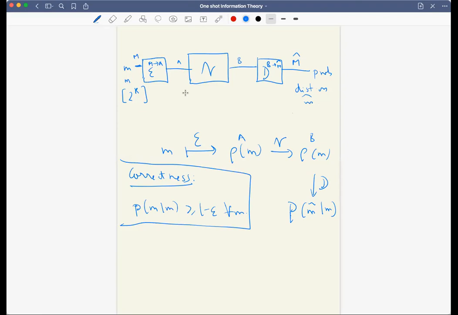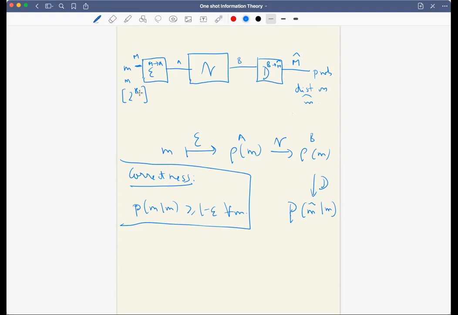So the channel is given, and the error epsilon is given. We want to construct an encoder and decoder which maximizes this rate R. That's the task.